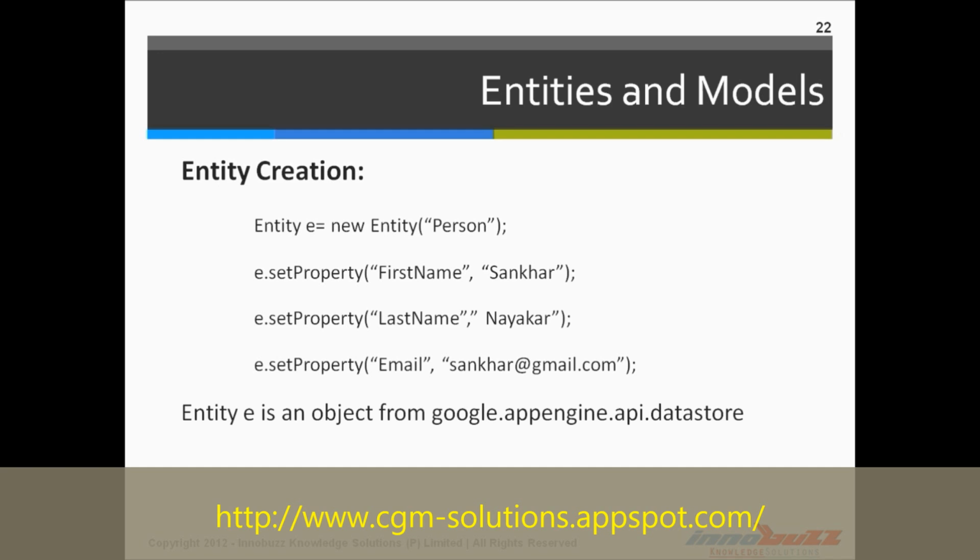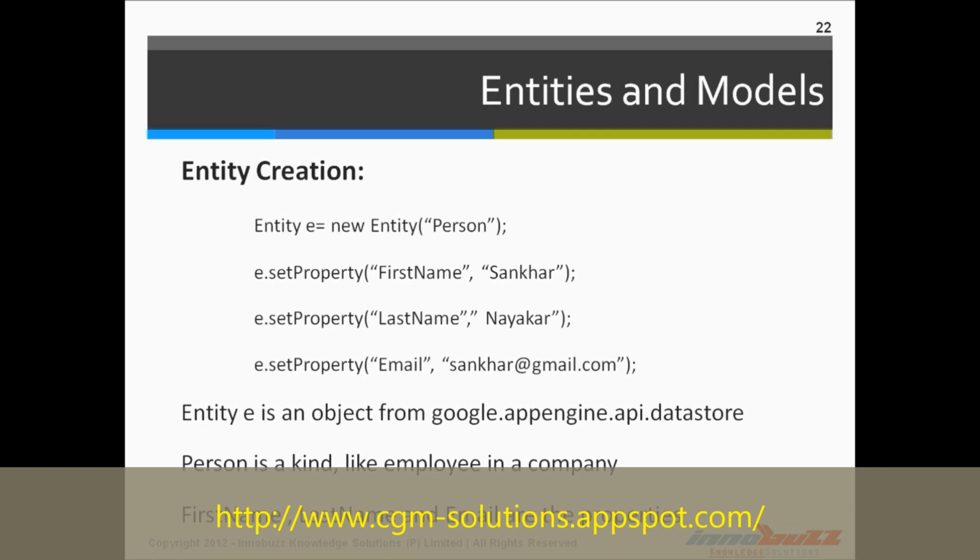So entity e is an object from com.google.appengine.api.datastore, and Person we mentioned here is of a particular kind, like employee in a company. And these are the properties: first name, last name, email and the values. We are giving properties and values to the setProperty method of the entity e.